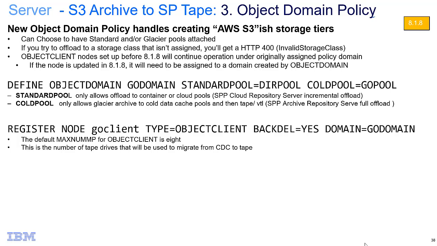However, we do not tier between standard and cold pools on Spectrum Protect for the Spectrum Protect Plus offloaded data. So here are the two commands you'd run to define the object domain as well as to register the object client.